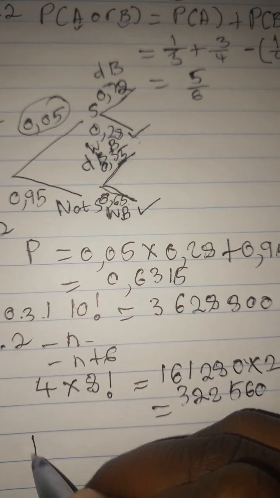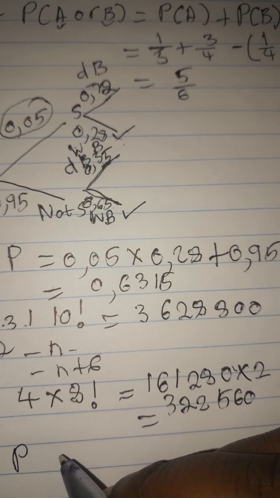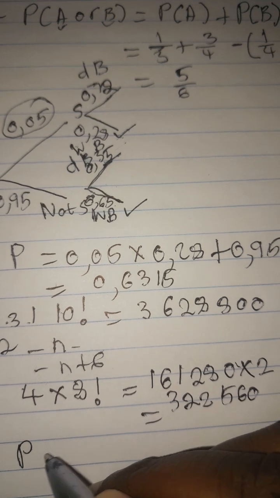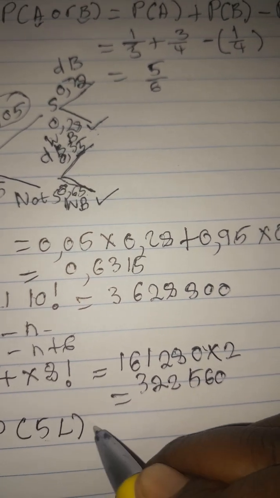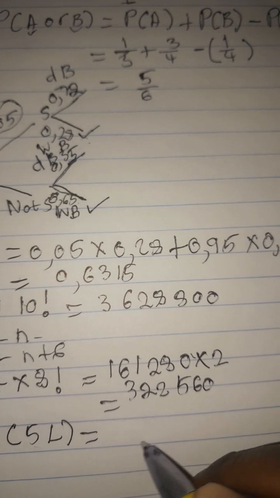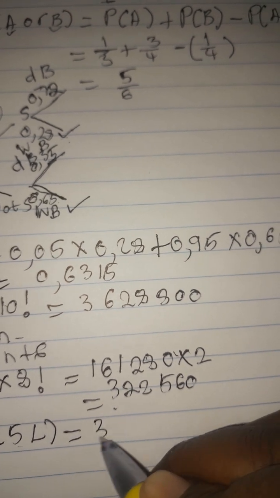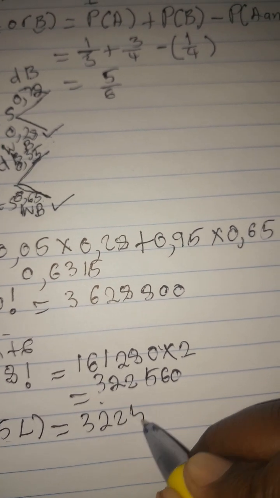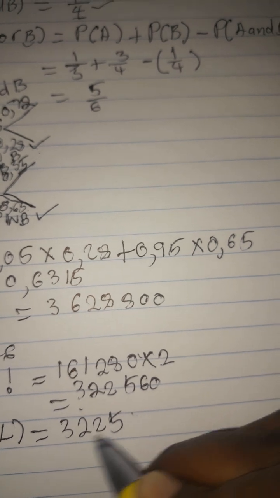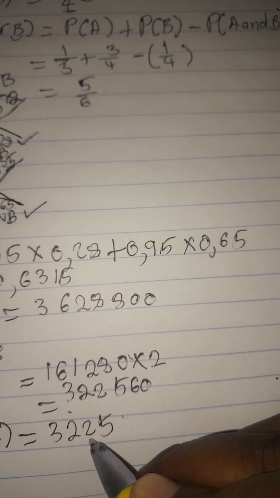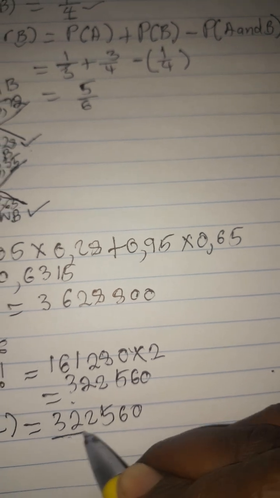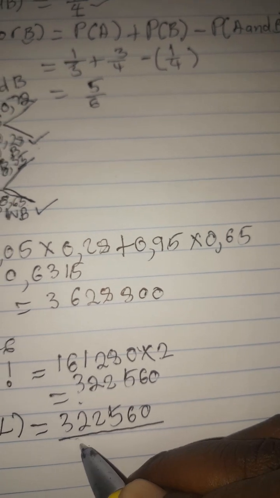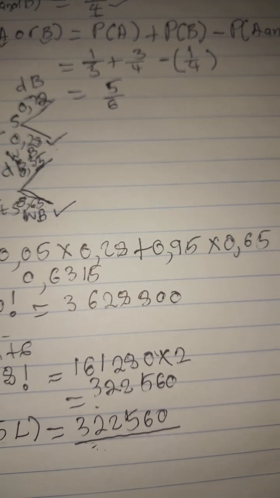So to calculate the probability that there will be 5 learners between them, the favorable outcomes are 322,560. Remember, it's favorable outcomes divided by the number of possible outcomes.